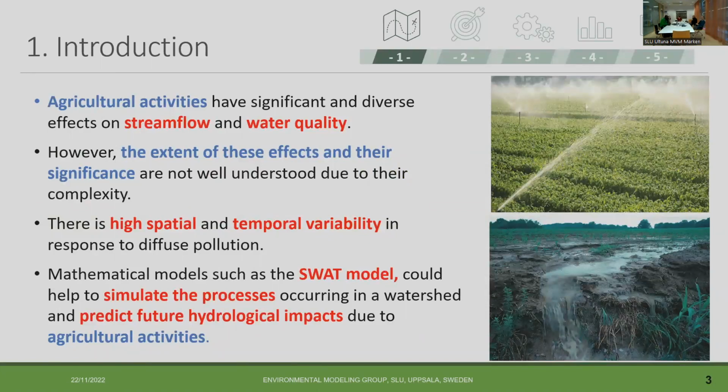The extent of these effects is not well understood due to spatial and temporal variability. But using hydrological models or mathematical tools, we can estimate some of these processes and understand how we can predict them into the future and get more in-depth knowledge about them.